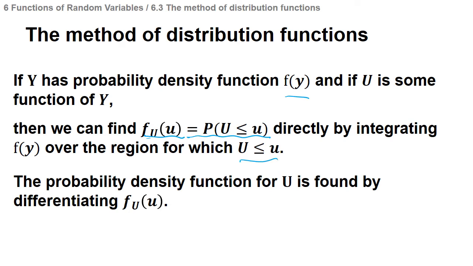I will go over simple examples to see what this means. The probability density function for U is found by differentiating F_U(u). Okay, let's see the example to check what it means.